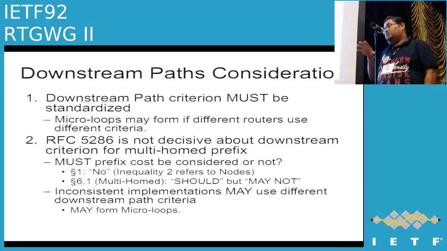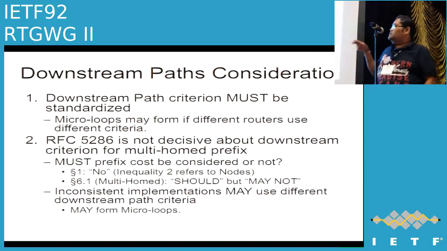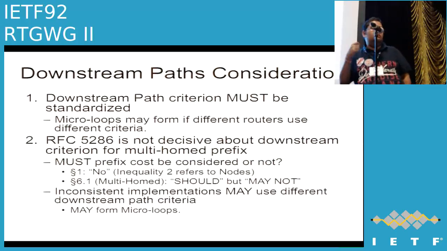So there are some inconsistencies, and different implementations taking different directions may cause inconsistencies, and might even lead to some form of micro loops. With this context, I will go to the next slide, where there are some updates that we have put in the next version.